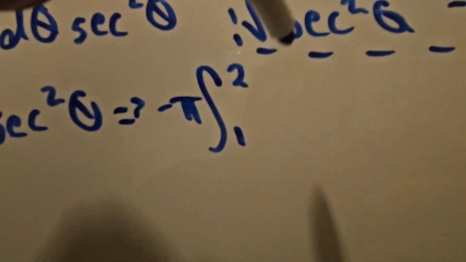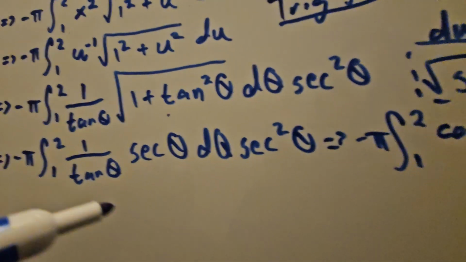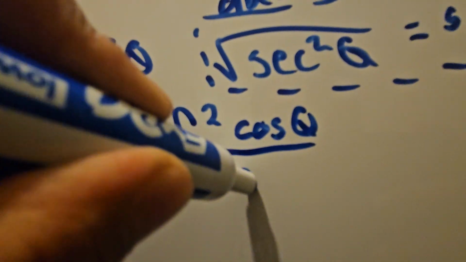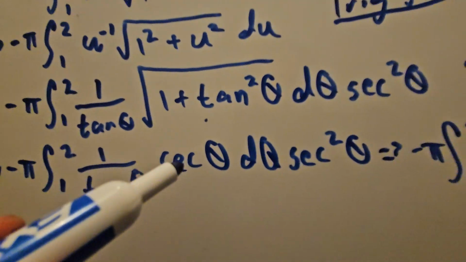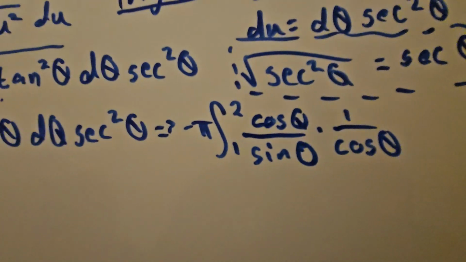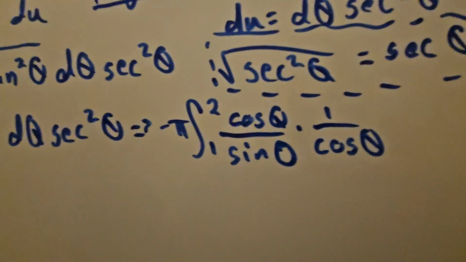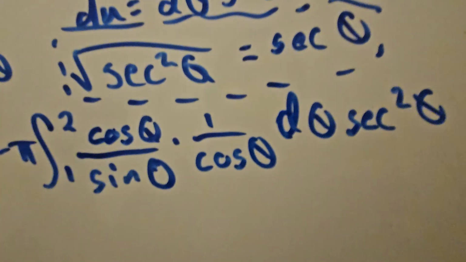This is also equal to cotangent, by the way. Cosine over sine, and cotangent is also equal to cosine over sine. Secant is 1 over cosine, times 1 over cosine theta. And then again we have the d theta secant squared theta.